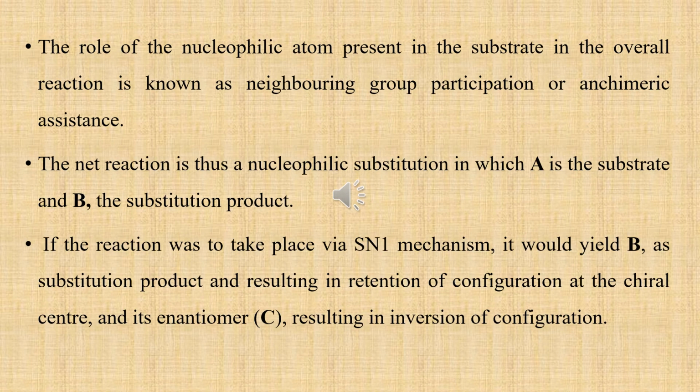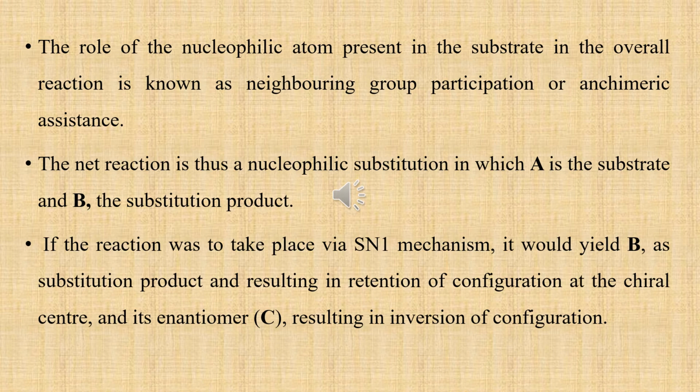The role of the nucleophilic atom present in the substrate in the overall reaction is known as neighboring group participation or anchimeric assistance. The net reaction is thus a nucleophilic substitution in which A is the substrate and B the substitution product.